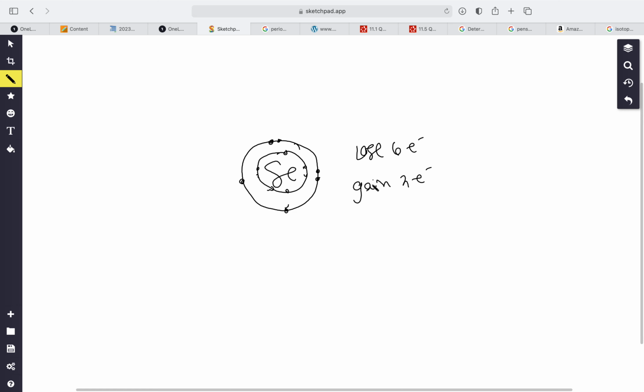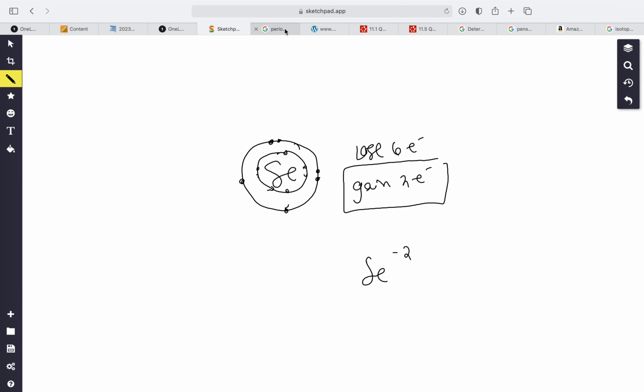Getting rid of all these, taking all that time to say, screw these electrons, or is it going to be easier for it to gain 2 electrons? That's why it gains 2 electrons, because it's easier. So selenium is going to bear a -2 charge because you're adding on 2 negatively charged things.